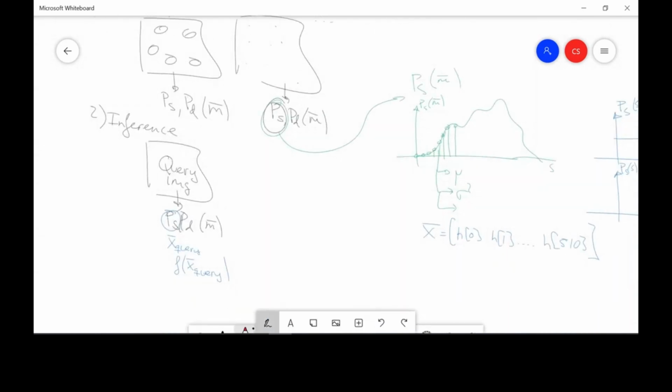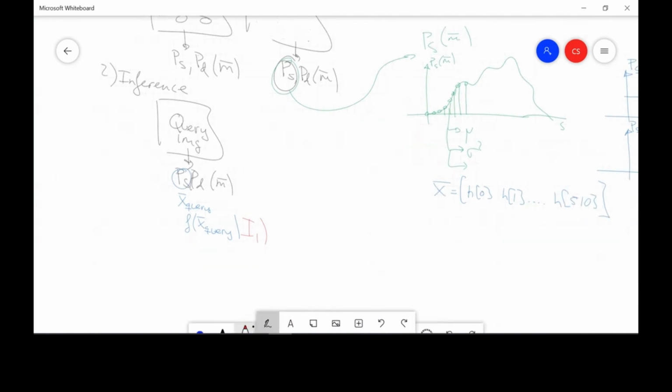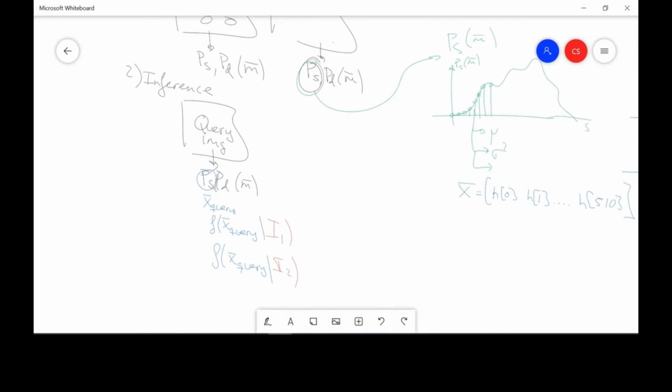So given that it is coming from I1, and I will compute the same for all the others. I will compute what is the likelihood of coming, given that this is I2. And I have to ask that question for every lag and for every sum and difference. Okay, how do I compute these probabilities?